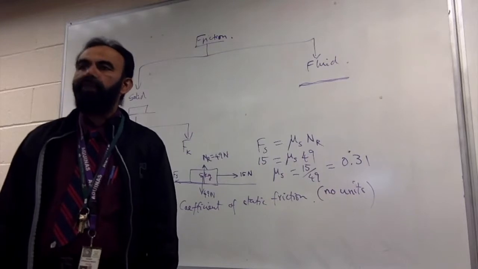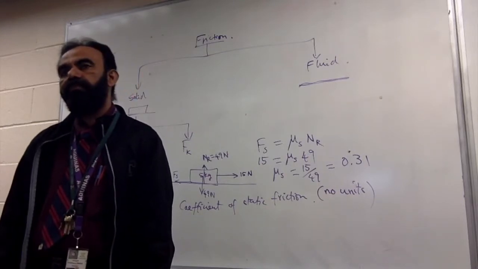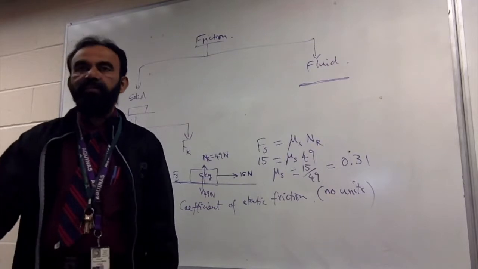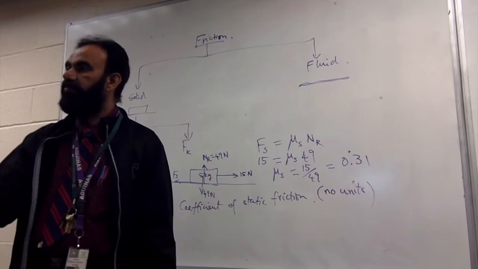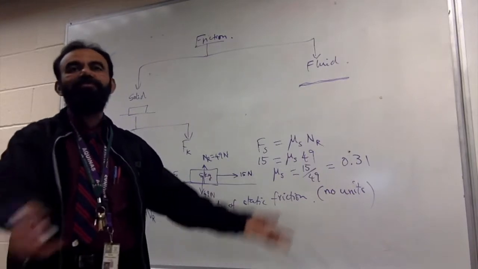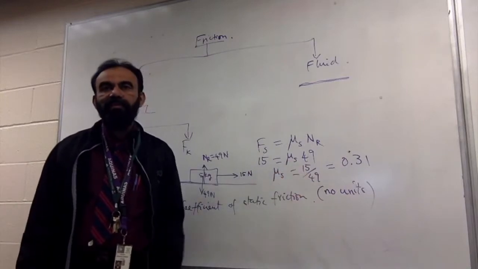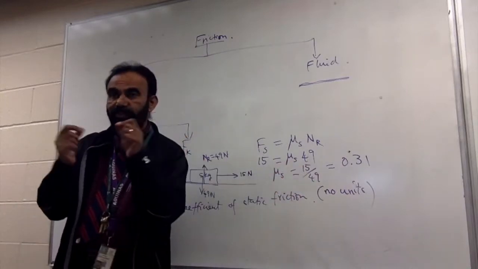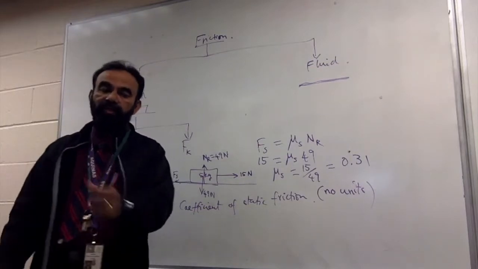Now, if I'm going to keep this book on ice and then slide it, it'll be requiring the least force to get it started, right? So maybe 1 or 2 newtons will be enough to make it go. So it'll be like 2 newtons divided by 49. So that will be the coefficient of static friction between this surface of the book and the ice.